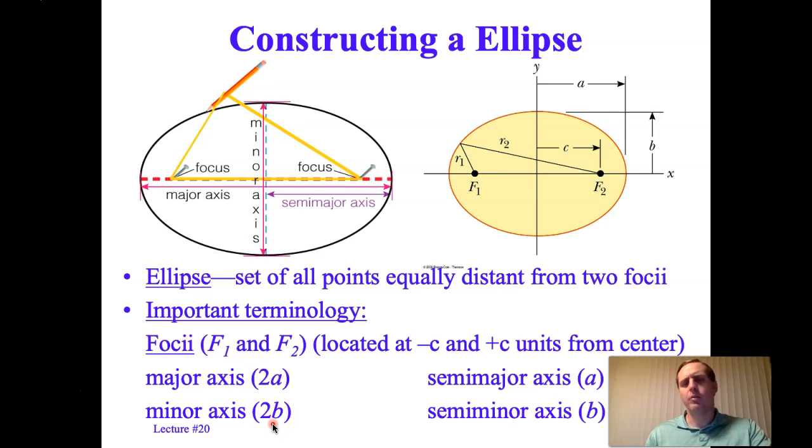By the way, I hope you've seen these equations before, in a pre-calculus or a college algebra class. Notice that this ellipse right here is what we call x-axis major. That is, its major axis is elongated along the x-axis. Whereas you could have an ellipse that goes this way, and that would be y-axis major.